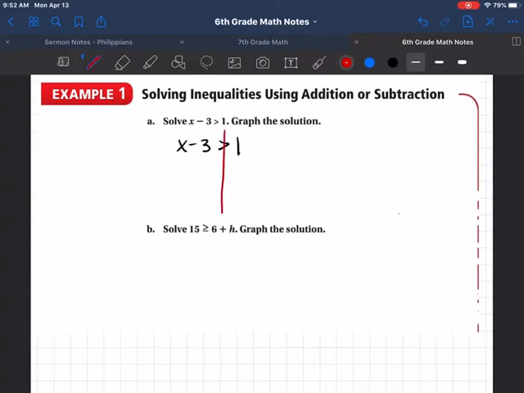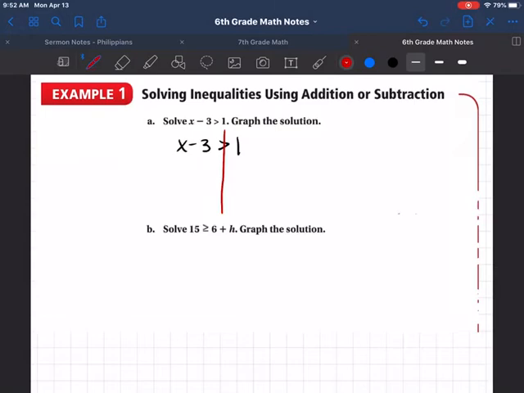I'm going to draw lines for those of you who like the lines. Now I need to get x by itself because I want to know the values of x that make this true. How do I get x by itself? Well, I need to get rid of this 3, because on this side I don't just have x, I have x minus 3.